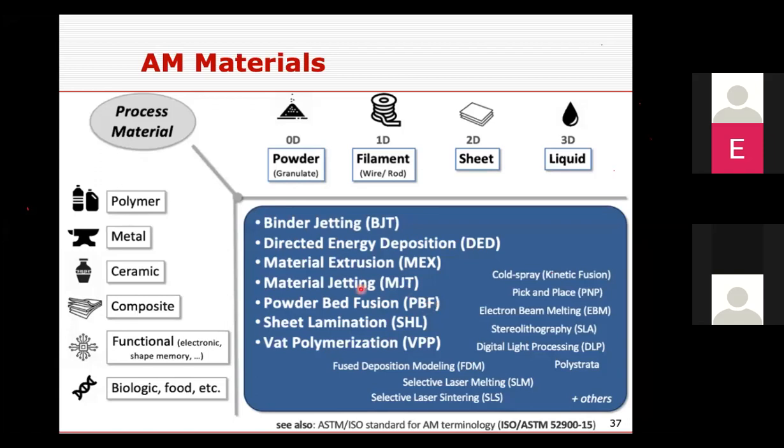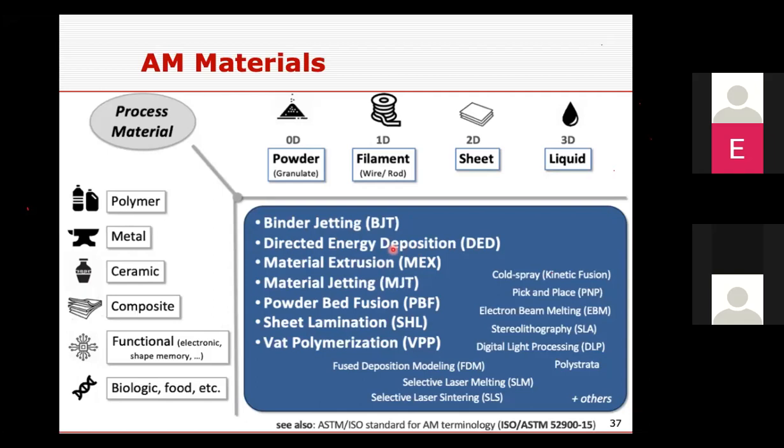Material jetting, though it started predominantly with epoxy-based resins followed by wax-based materials, can now also be done with metals. Similarly, material extrusion started with ABS or PLA-based thermoplastics, but now it is possible to go with metals also. So a lot of developments are happening.